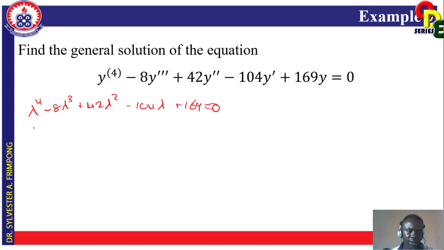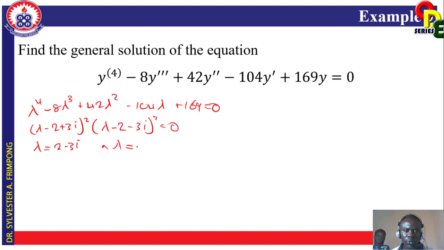And if you factorize this, you're going to get (lambda minus 2 plus 3i) squared times (lambda minus 2 minus 3i) squared equals 0. So we are going to have lambda equal to 2 minus 3i and lambda equal to 2 plus 3i.